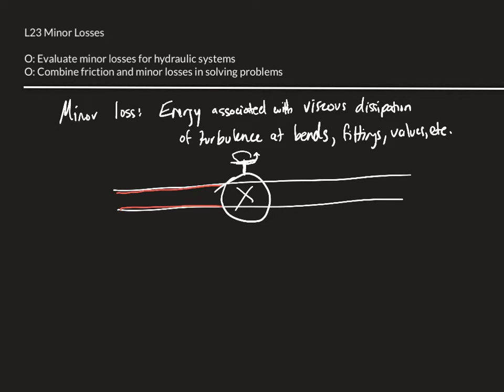And so we're losing energy all along here due to friction, but right here by this valve, we're gonna lose a lot more energy, or per unit length anyway. So we might be cruising along, losing some amount of energy, and then we hit this valve, and we're going to lose something when we get to that valve, and then we're going to continue downwards. Okay, so that's the idea.